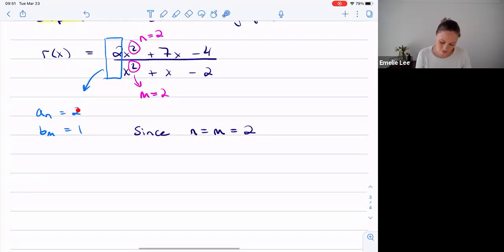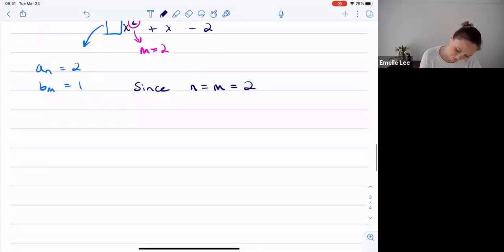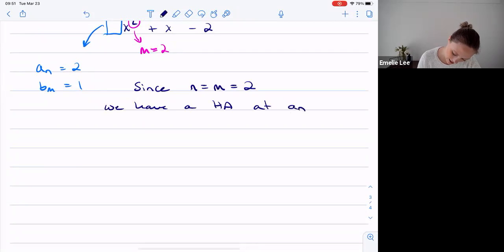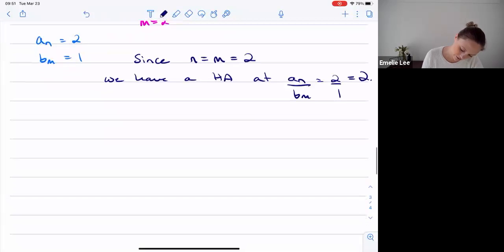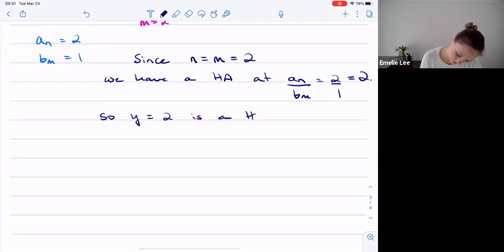And don't be confused by this 2 versus the degree here. We have a horizontal asymptote at an over bm, which is 2 over 1, which is at 2. So y equals 2 is a horizontal asymptote. Okay.